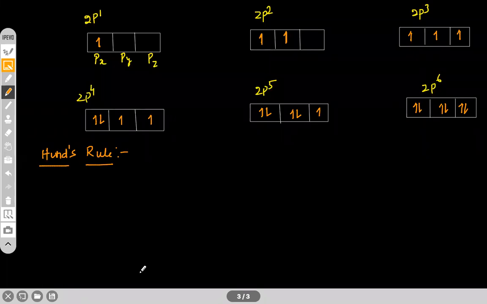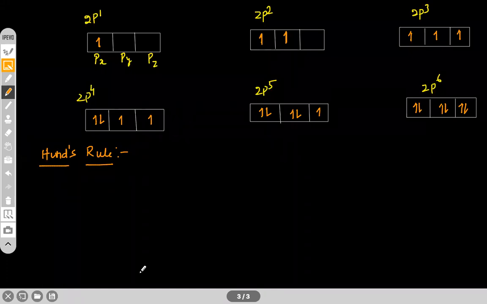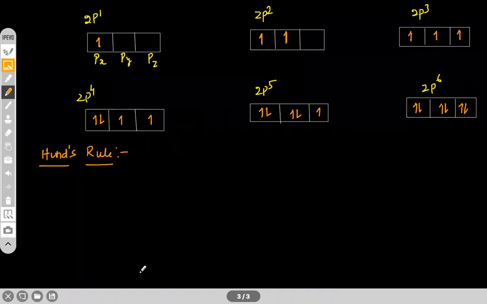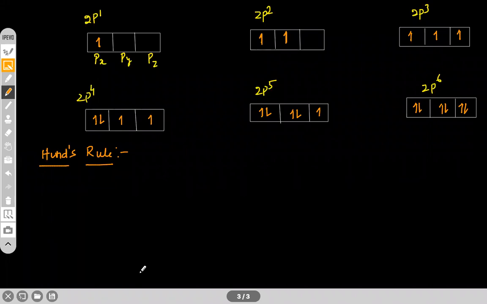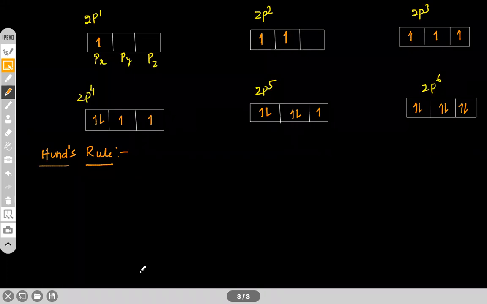all the orbitals belonging to the same subshell are singly occupied, means one electron each.